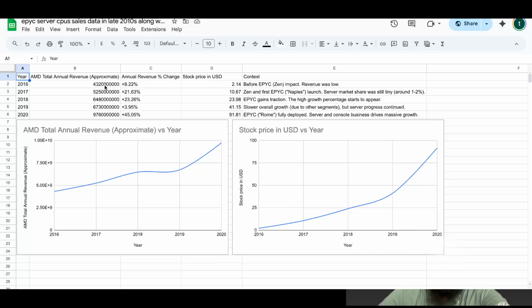In 2016, it had certain revenue and it increased year by year as it launched the EPYC, right? So here is a chart. You can see that the revenue increased and became more than double in about 5 years.